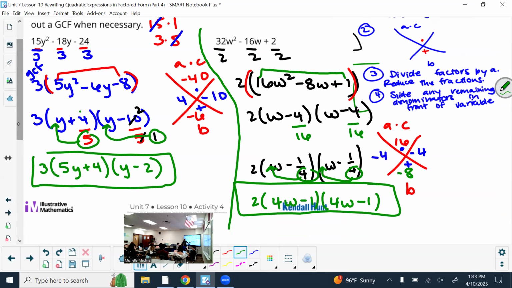I can tell you the zeros will be 1/4 for both, there's only one solution there. For the other one, one of my zeros would be 2, the other one would be -4/5. We've done that with flashcards before. So if it wants a factored form, this is a factored form. If it wants solutions, it wants what the variable has to be to make it true. Questions?